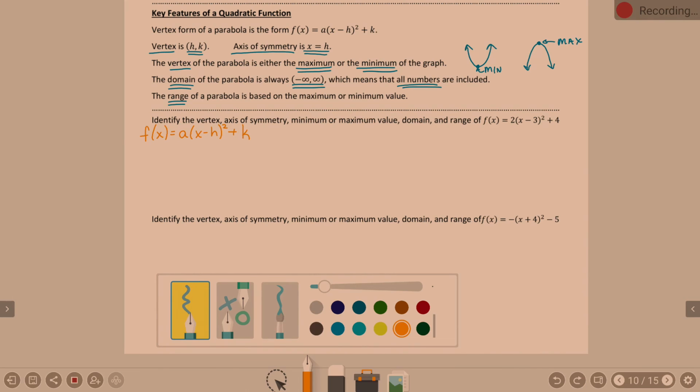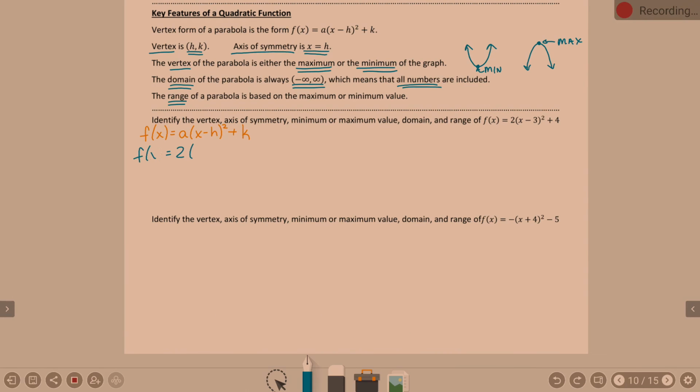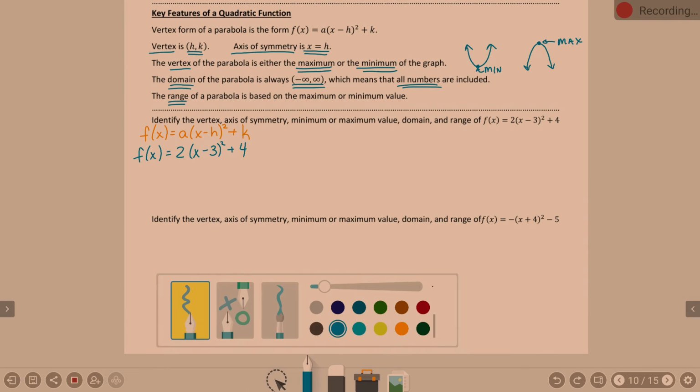And the equation we're working with is f of x equals 2 times x minus 3 squared plus 4. Trying to line it up for you, trying to get you to see that this matches up with the vertex form that was provided there.